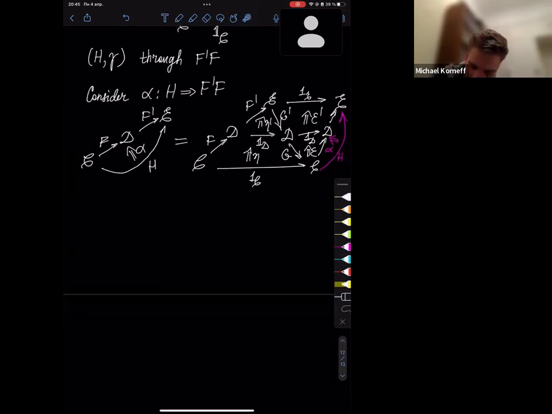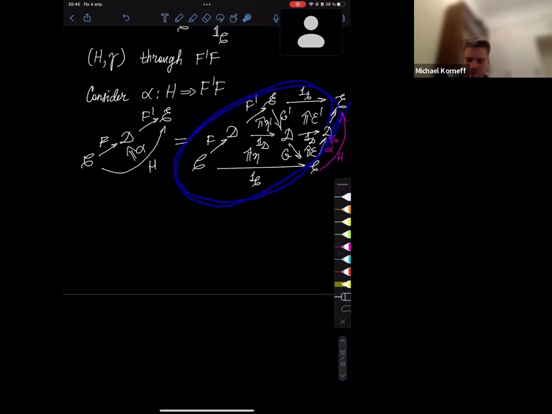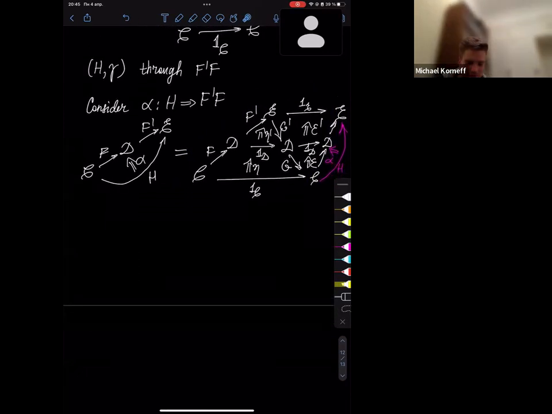Okay, I add this diagram which exists by means of triangle identities. And now I choose this piece of diagram and compose all of the two cells.